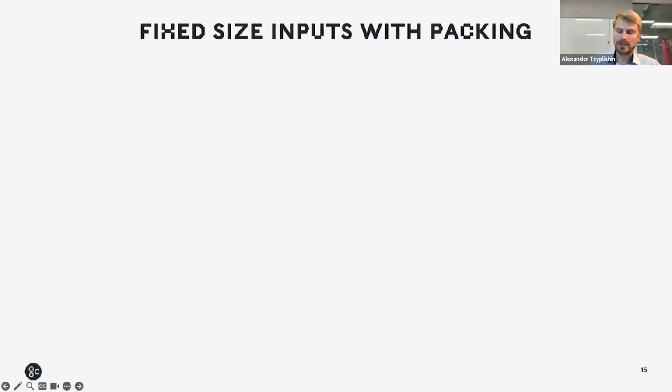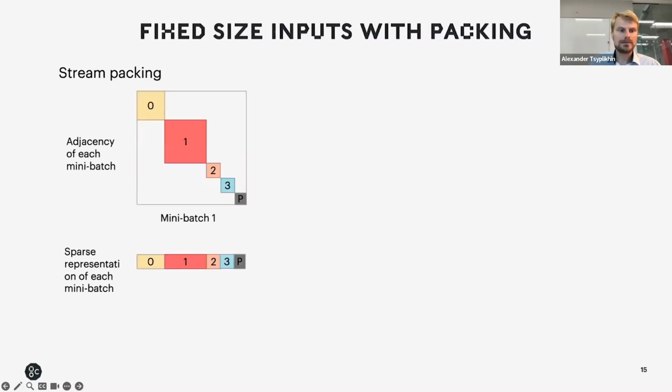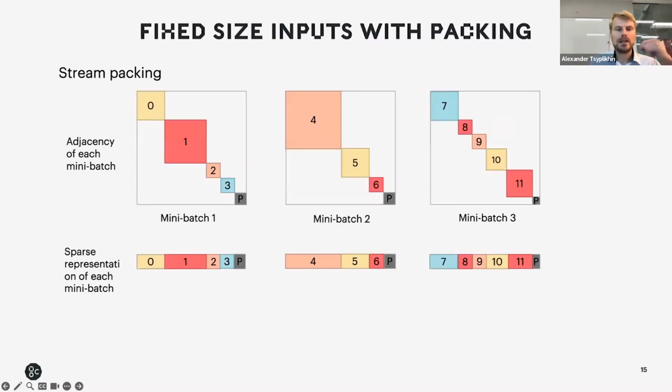Now, switching to packing, this is a technique that allows us to put some larger number of subgraphs into the batch dynamically, so that the size of the padding graph is minimized. This technique was first introduced for natural language processing, actually, when training a model or running inference.